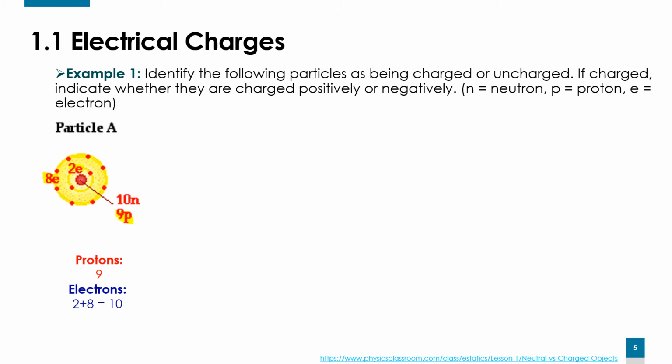Now, what do I have more, electrons or protons? More electrons. So I have more electrons than protons. So am I gonna be uncharged, positively charged or negatively charged? I'm gonna be negatively charged. So every time I have more electrons, I'm negatively charged.